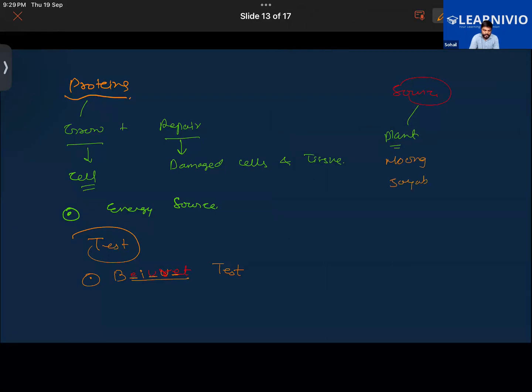Moong, soya bean, almond, gram. Do you eat all these or not? Sir, I don't like almond, but you should be eating it, at least one or two almonds daily. Then animal based, we have, most common, milk.